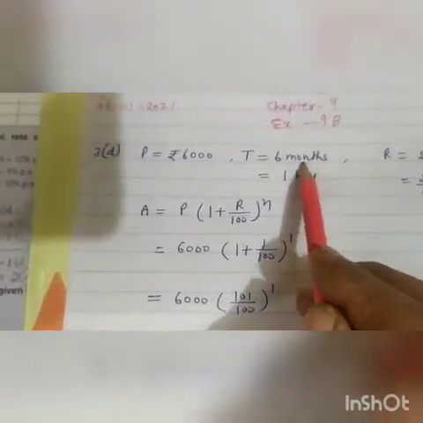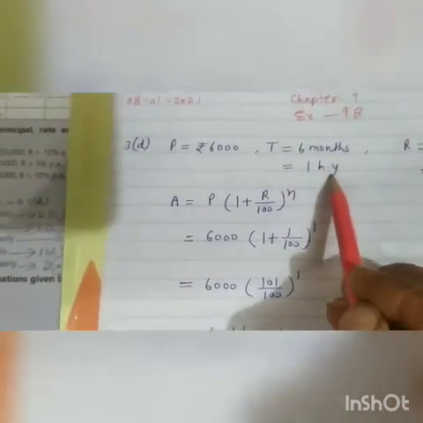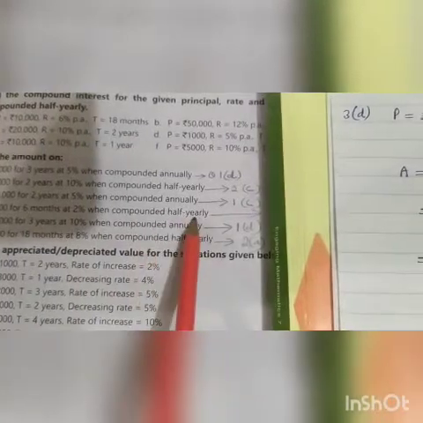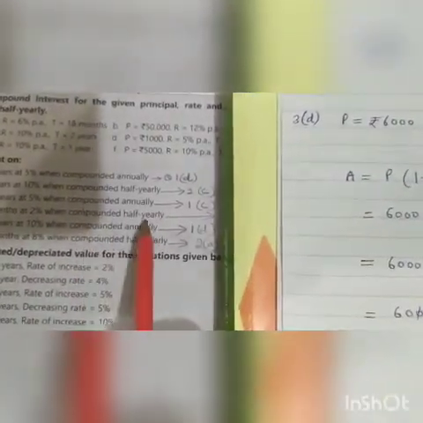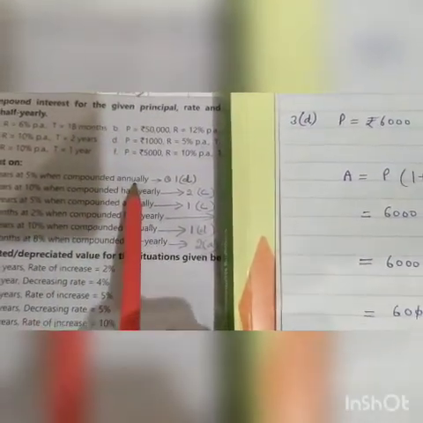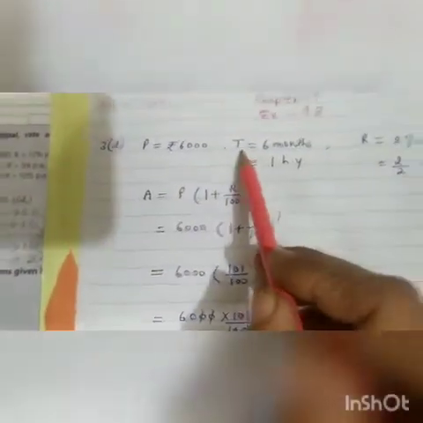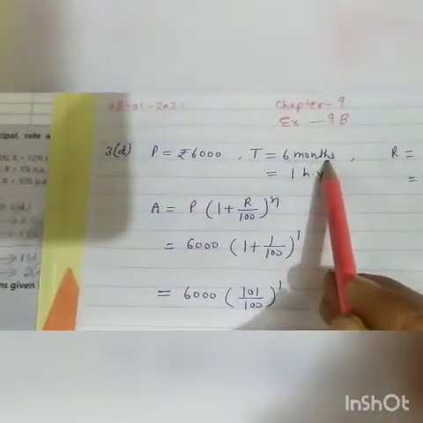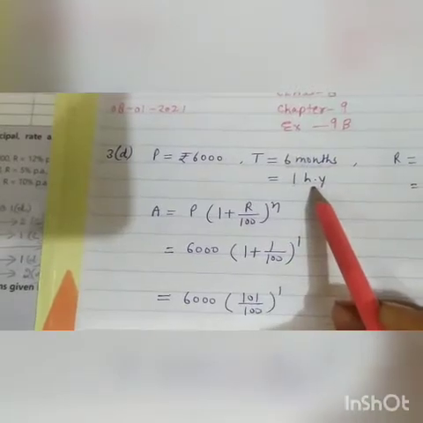Time is given 6 months. 6 months means 1 half yearly, because here it is written compounded half yearly. If it is written compounded half yearly, then we will change time and rate both. But if it is written compounded annually, no need to change. So 6 months means automatically 1 half yearly.